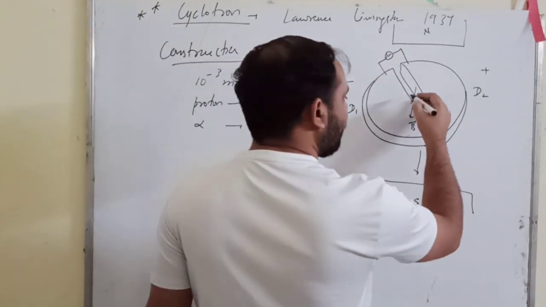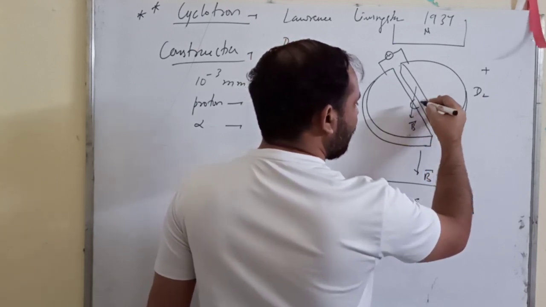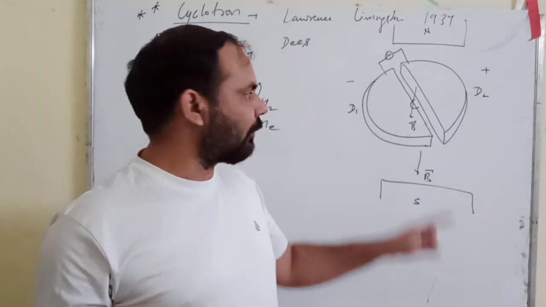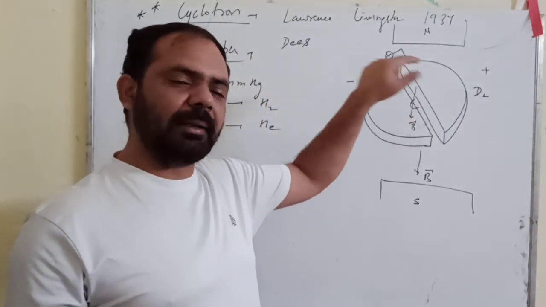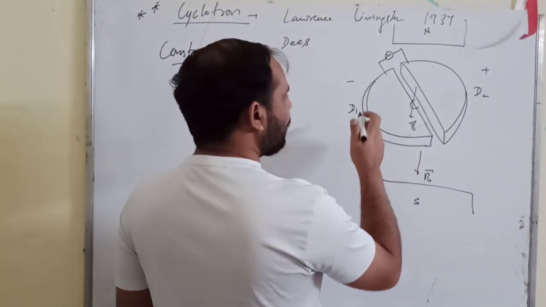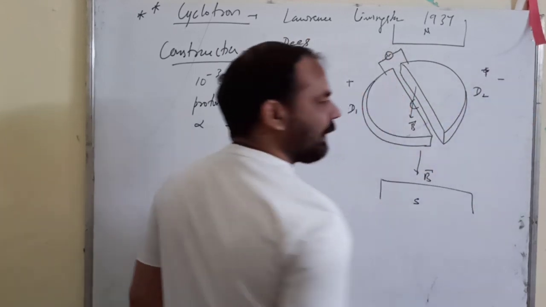It will not move on a straight line and will follow a circular path, and following that circular path it will reach the gap again. Now exactly at this instant, D1 becomes positive and D2 becomes negative.